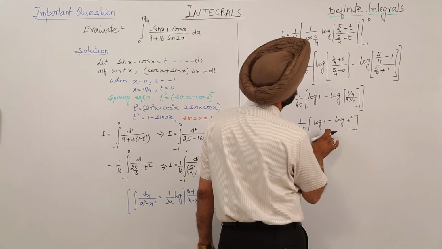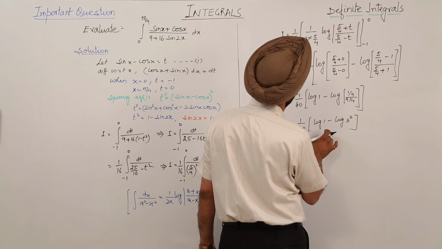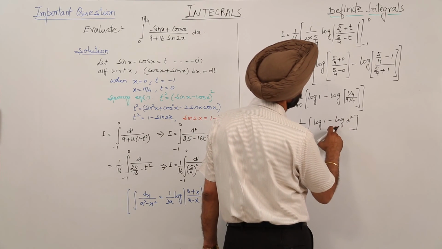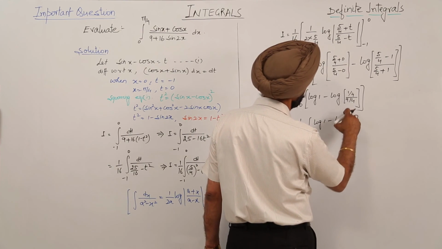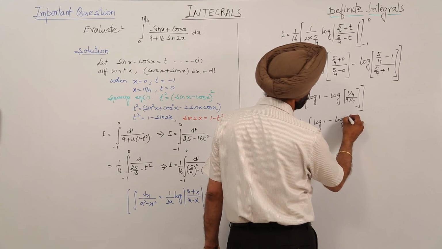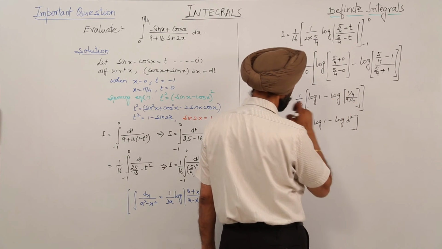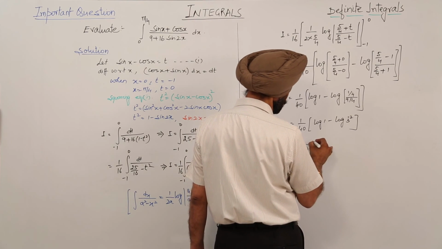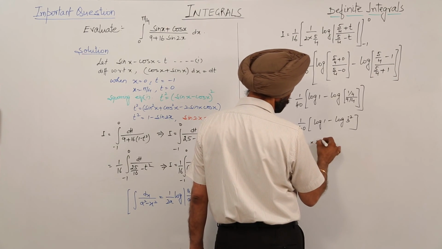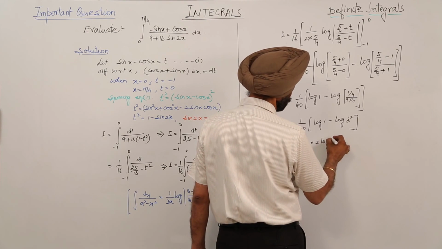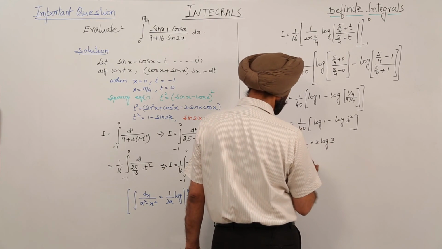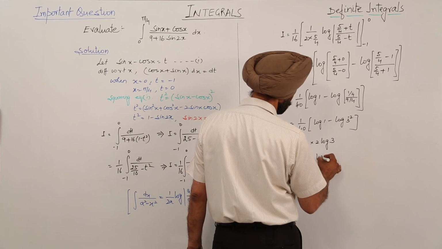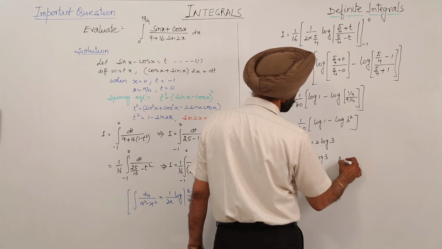Log 1 is 0. Minus log, this is 1 upon 9, 1 upon 3 minus 2. Okay. Now this becomes 1 upon 40 into 2 log 3, and this is equal to 1 upon 20 log 3. This is the answer.